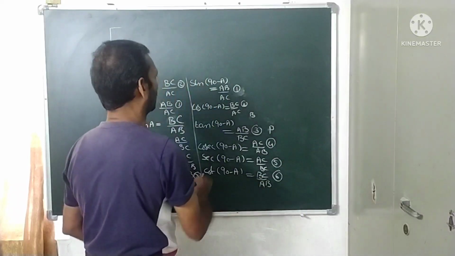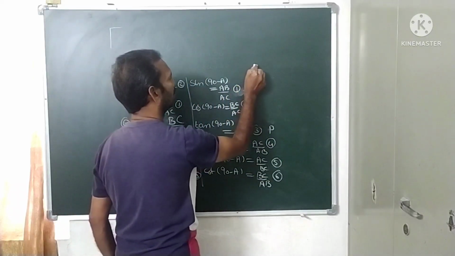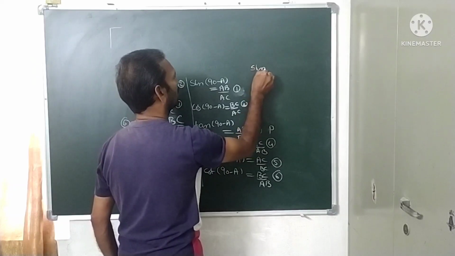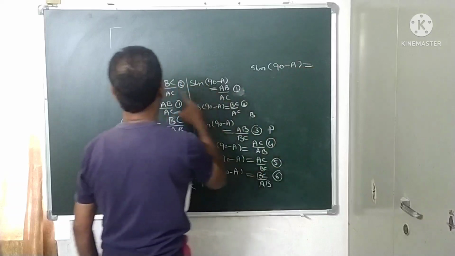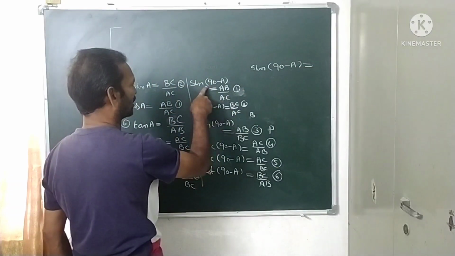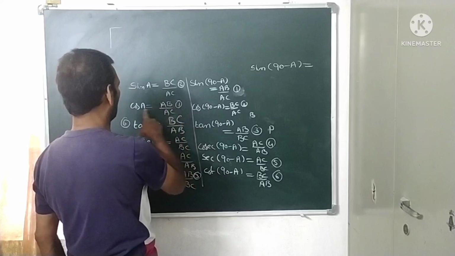Same. From this what am I writing? 1. Sin of 90 minus A is equal to same. From 1, LHS sin of 90 minus A, from 1 LHS what?